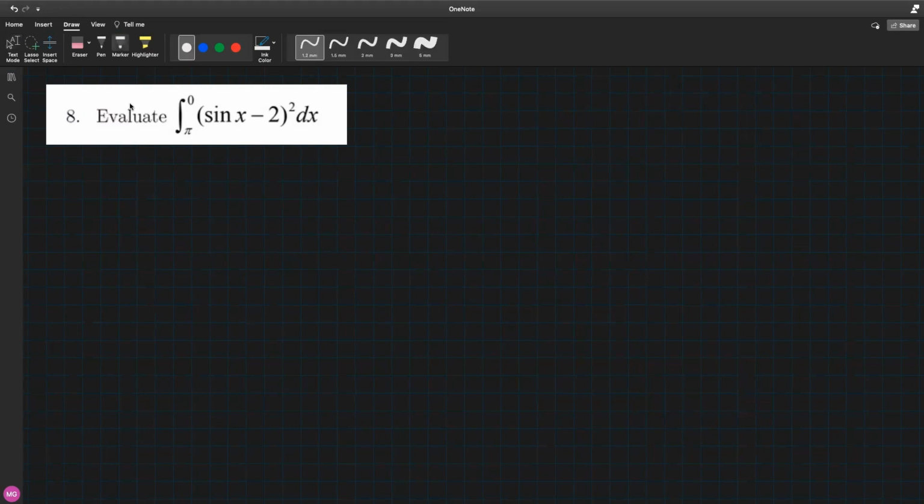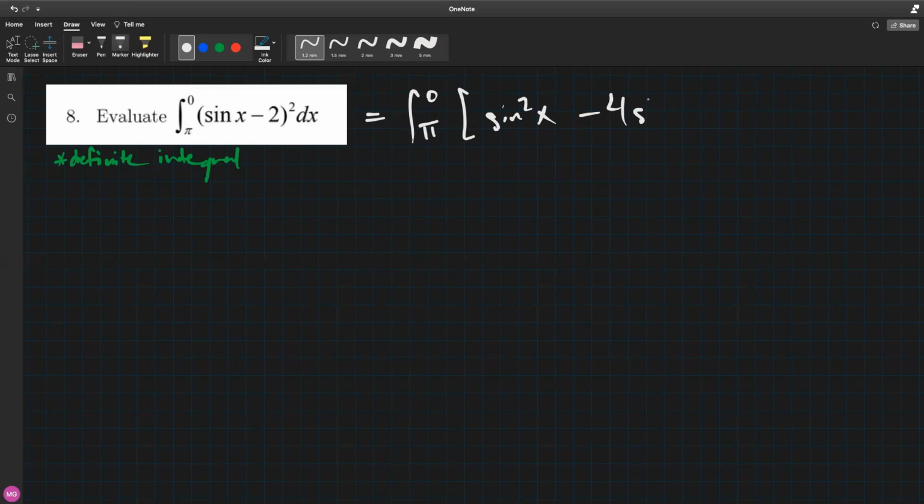For item 8, this will be a definite integral. And so our first step would be to just go ahead and, from pi to 0, simplify this. That would be sine squared x minus 4 sine x minus 4 plus 4 dx.